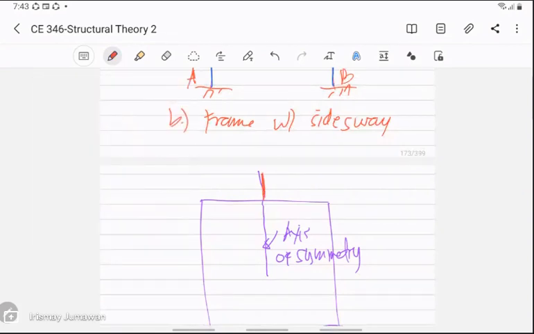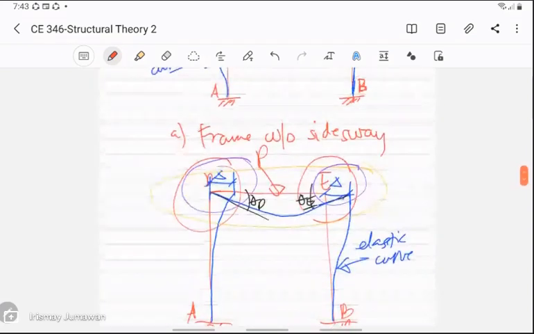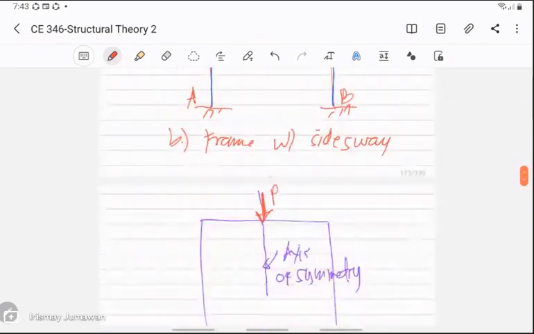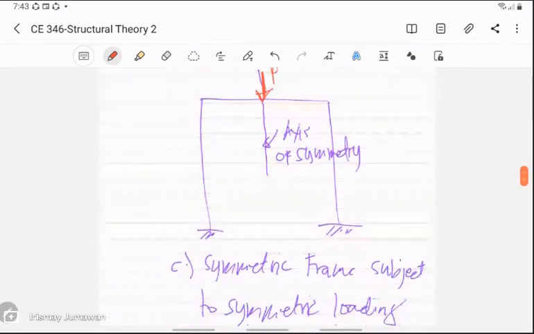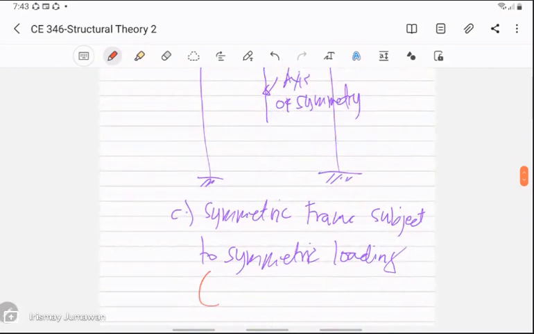So what does that mean? For example, if your load is at the axis of symmetry, this can be analyzed with no side sway. Okay? So you have to remember that one.